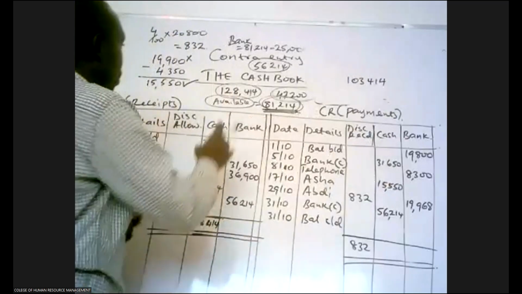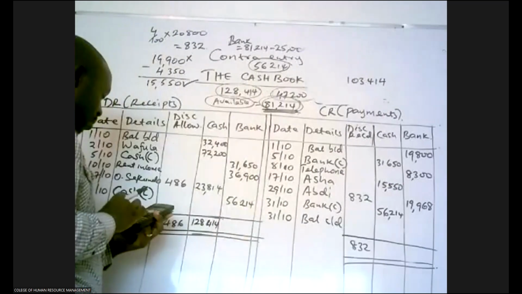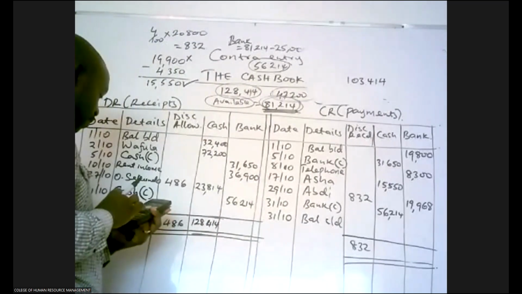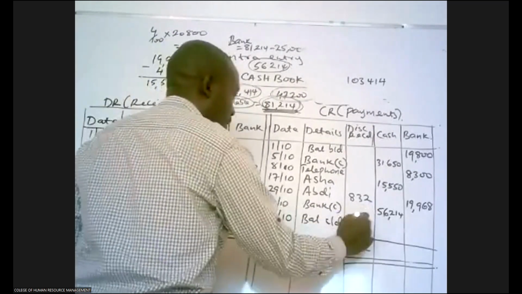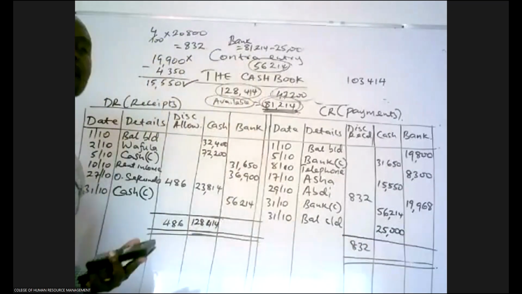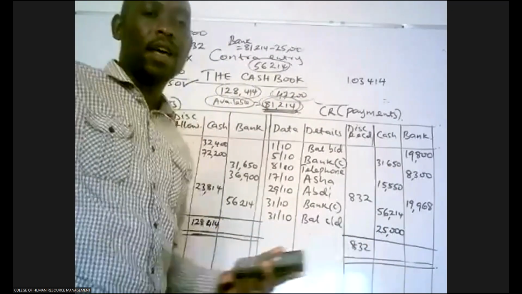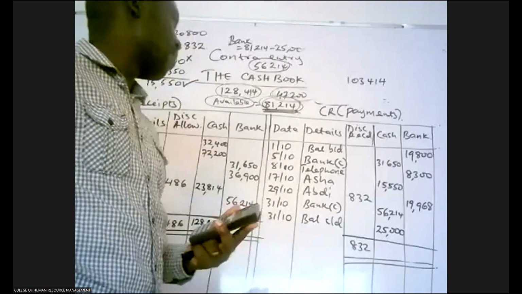If I subtract this figure from this, 128,414 minus the answer, I get 25,000. And actually that was what was left there. That is what we left there. So it should be the balance.